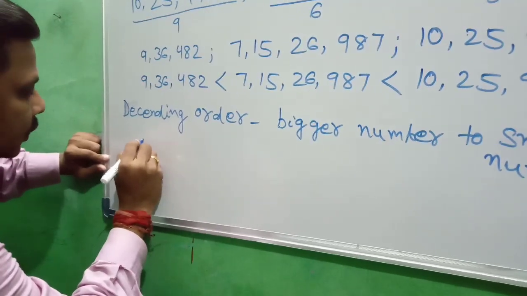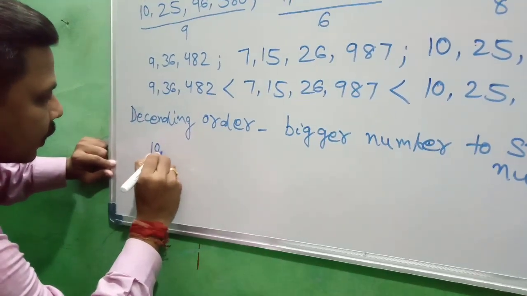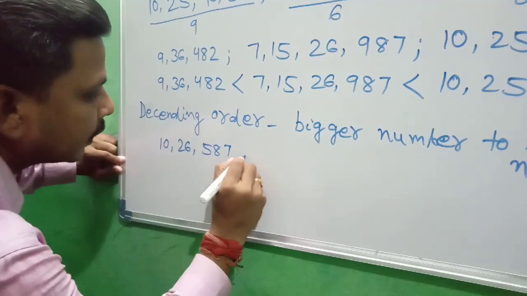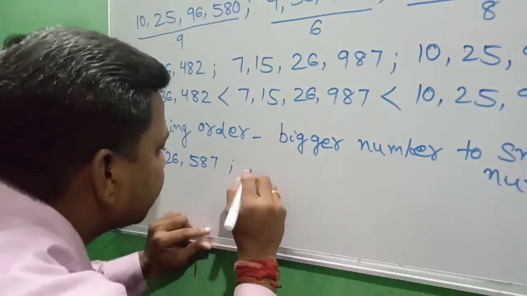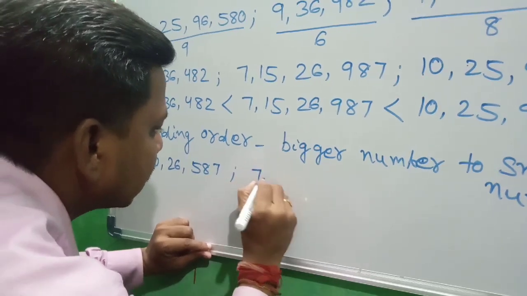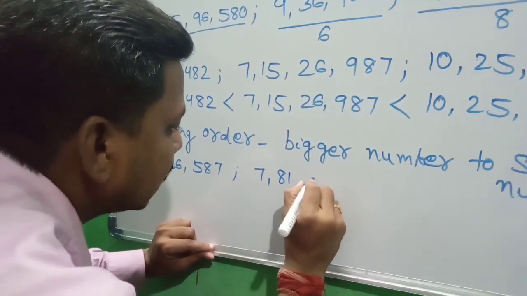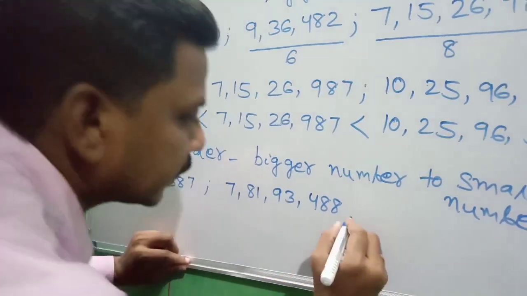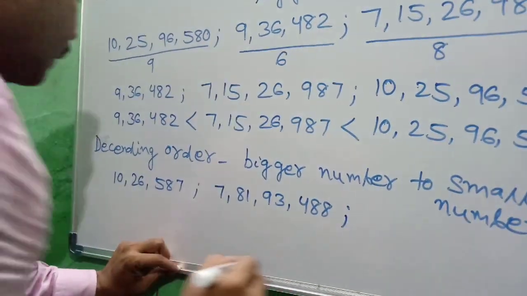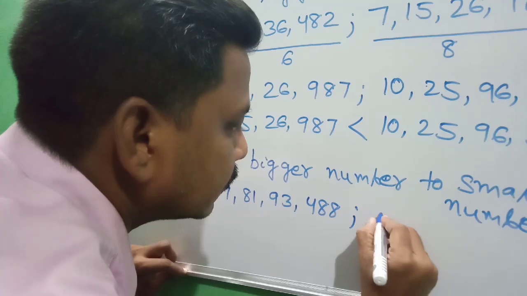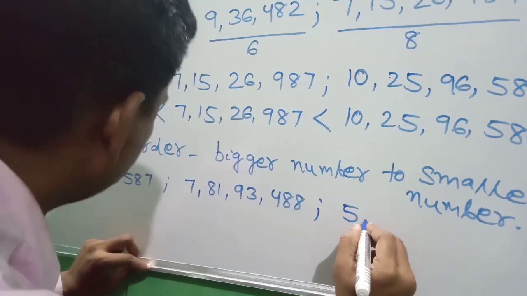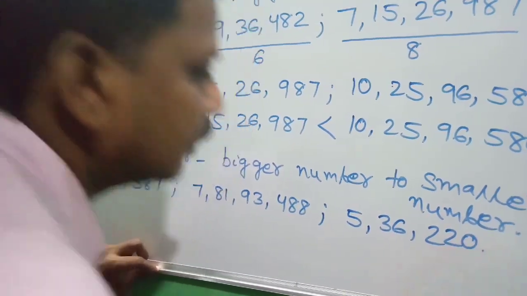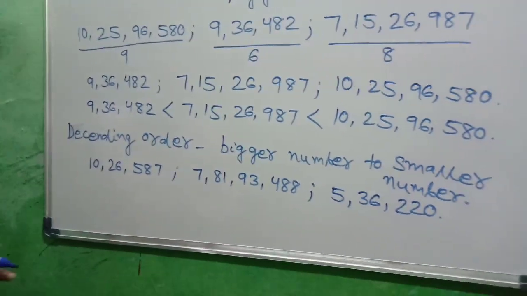For example, 10,26,587. The second number is 7,81,93,488, and the third number is 5,36,220. Okay. Now we have to count all the digits.